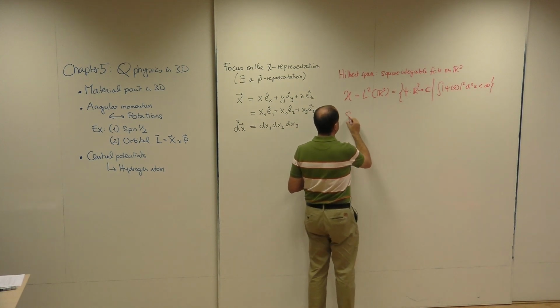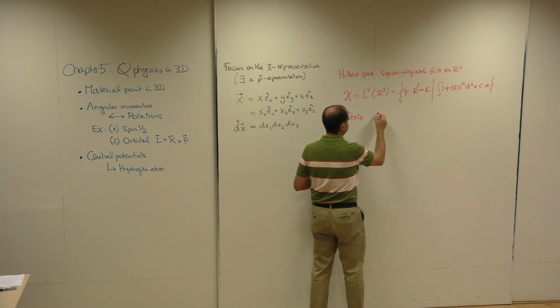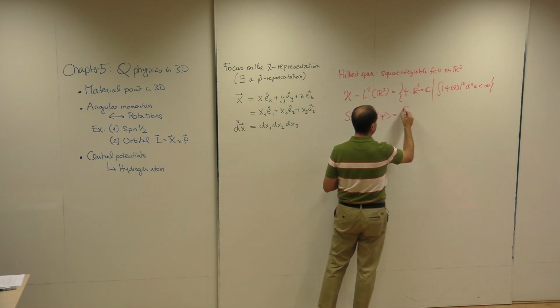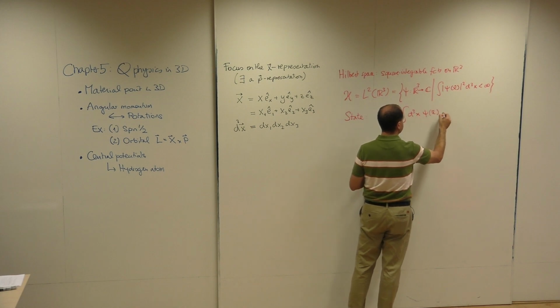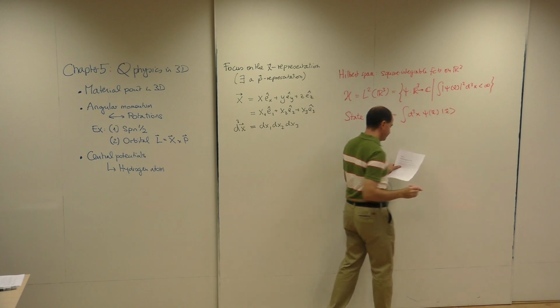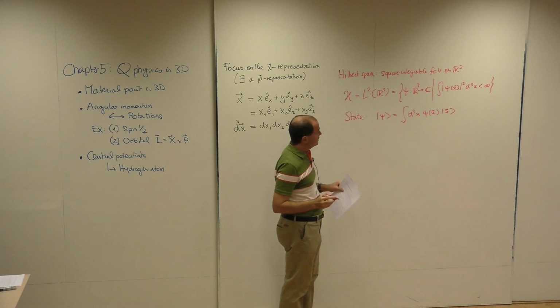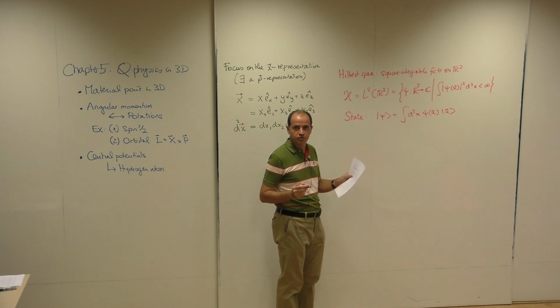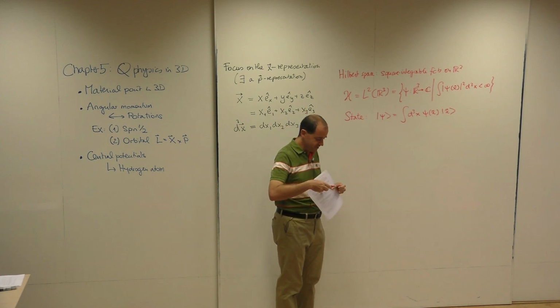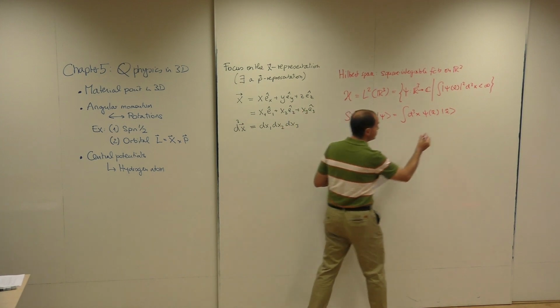A generic state will be written psi equals integral d3x psi of x, ket x. And now I have to say something that I've not written, unfortunately, in the lecture notes. I will upgrade them for next year. What is this object?